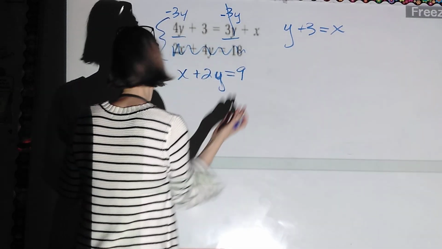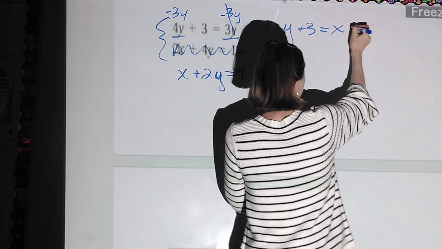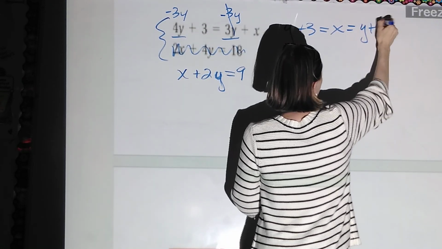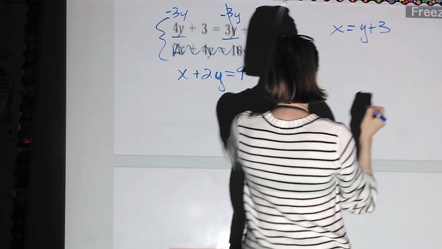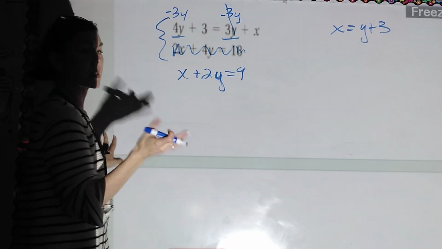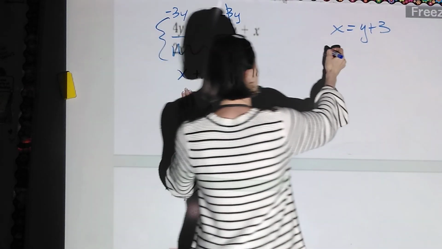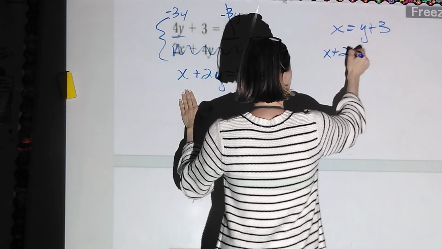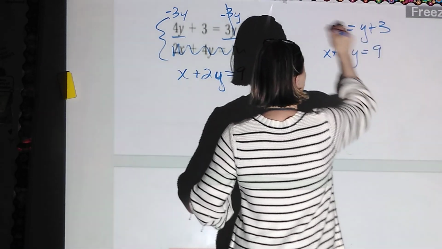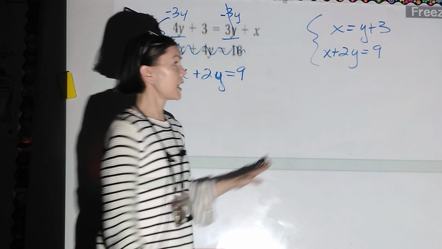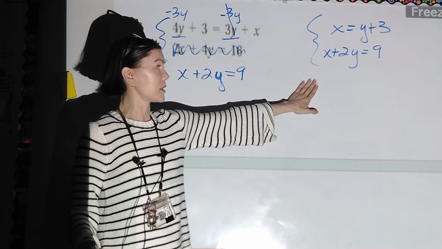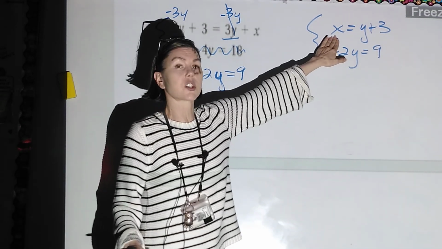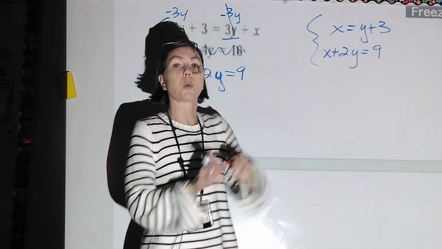So if I actually took that and wrote x equals y plus 3, it means the same thing, right? And then I can write this, x plus 2y equals 9. So now we have a new system of equations. And guess what? This first equation is solved for a variable, which is what we wanted.